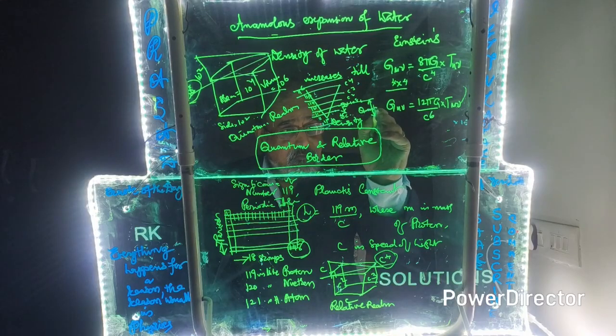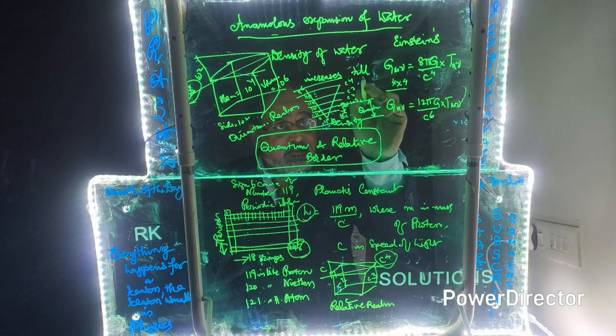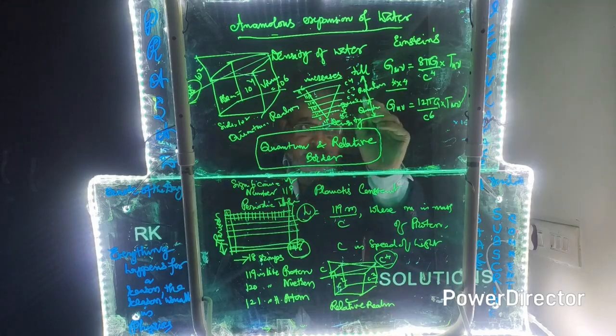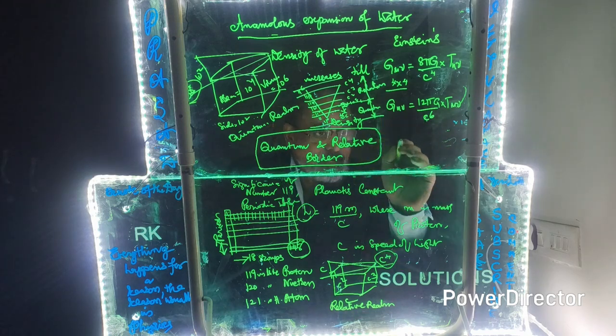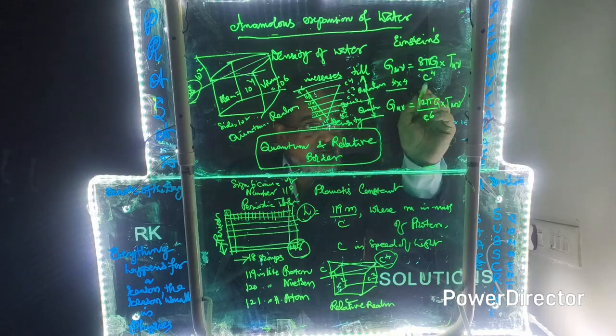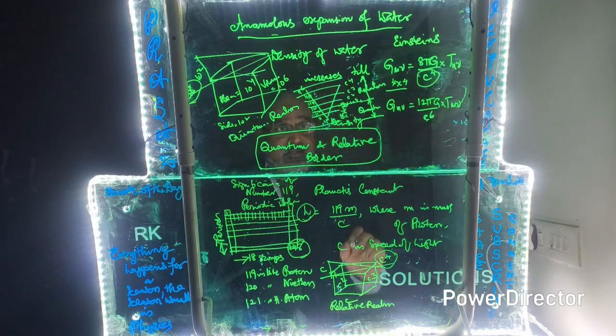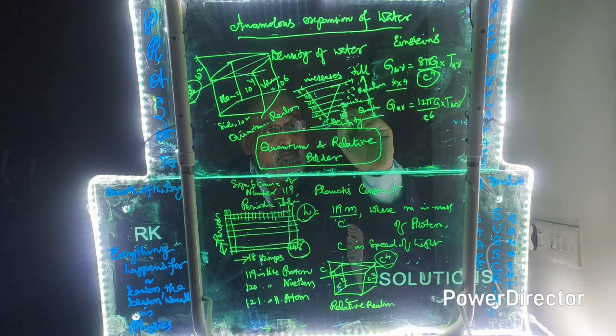If you are new, watch my previous videos, then you will know what I'm talking about. Relativity starts from unknown, quantum comes here, and why I said we should take c6 is that Einstein took c4, he covered till here c4, but that c4 doesn't have c5, c6.